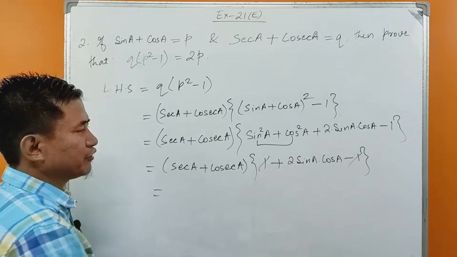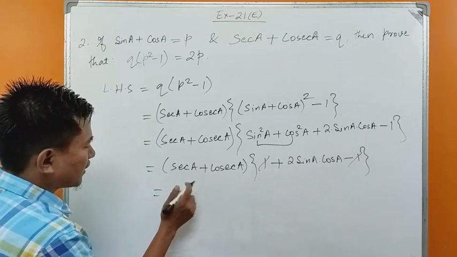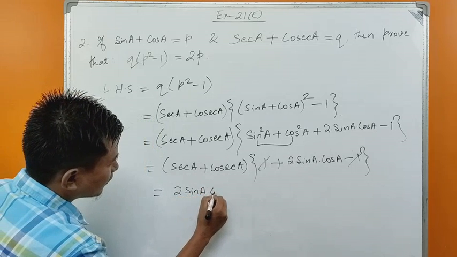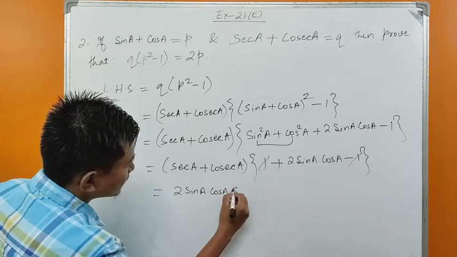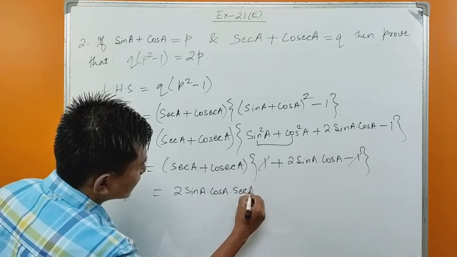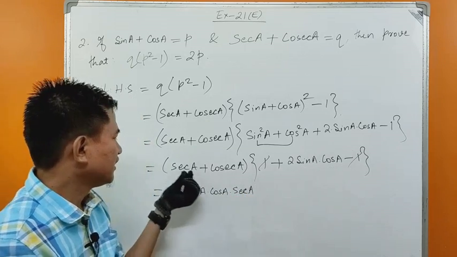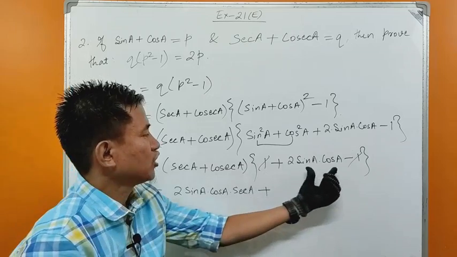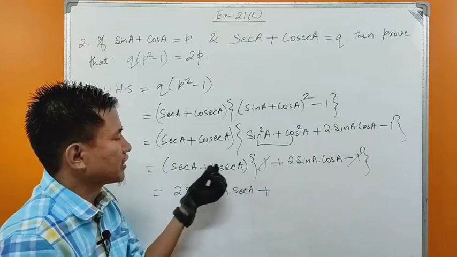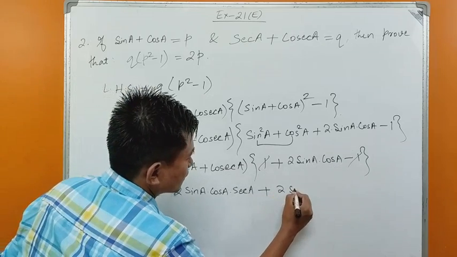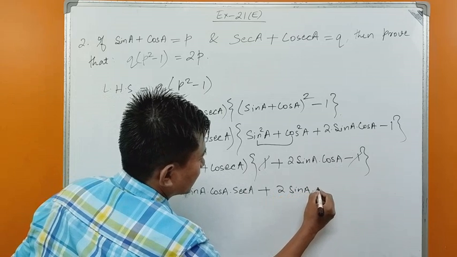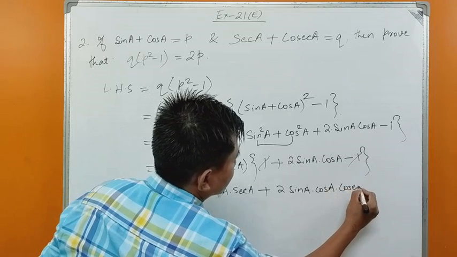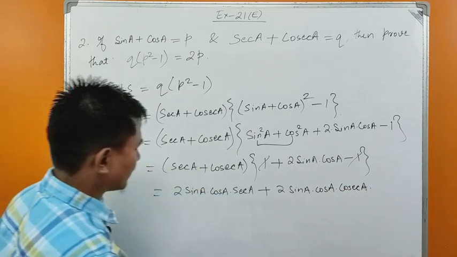So 2 sin A cos A into sec A, plus sign comes here, 2 sin A cos A into cosec A. I hope you are getting me.